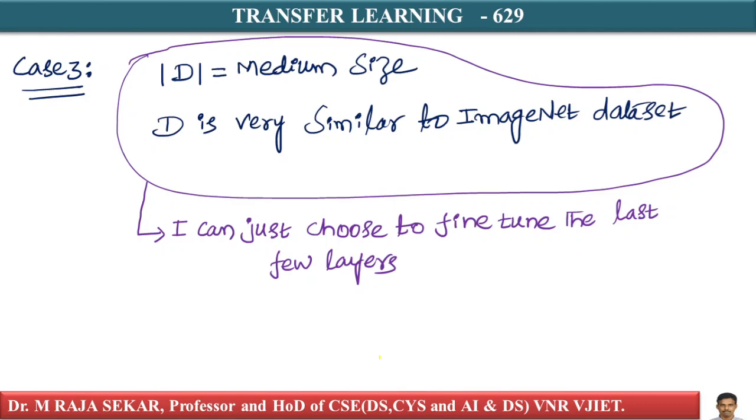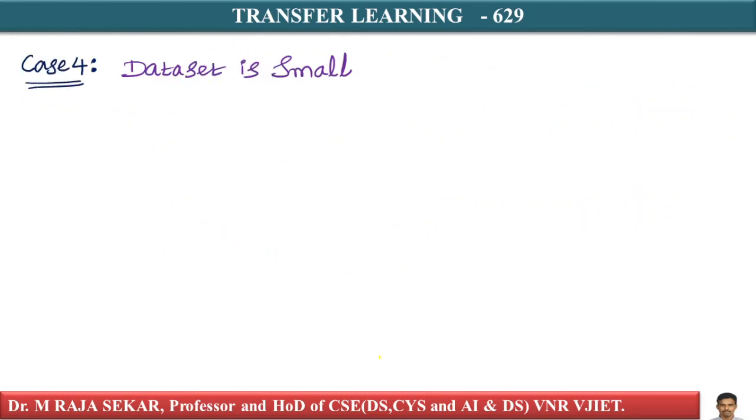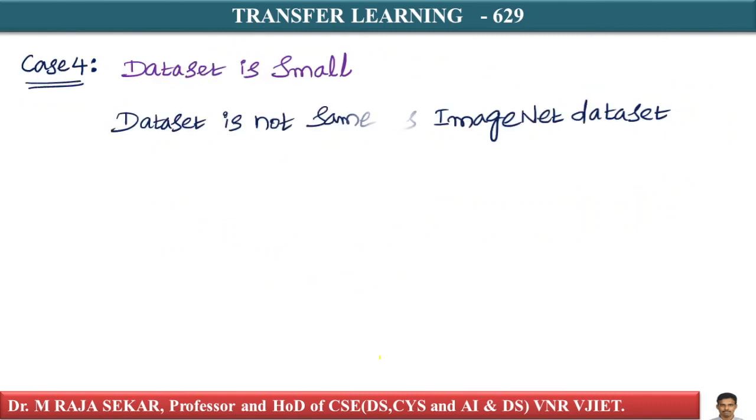Okay, let's go to a different case. What if your data set is small and my data set is not the same as the ImageNet data set? Let me assume this is the case. Then what do you do?